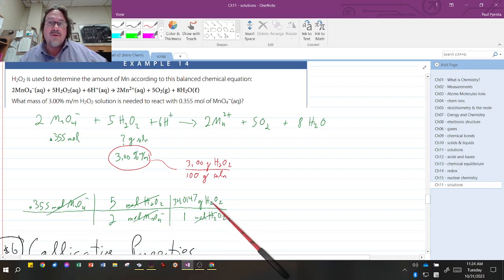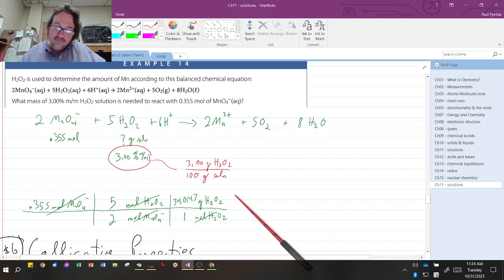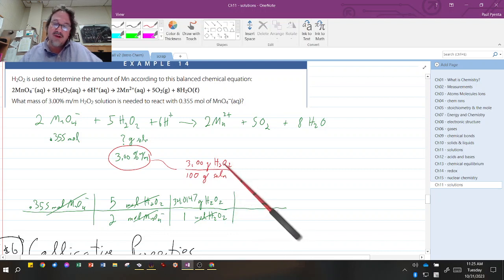That's how many grams of peroxide I need, but it comes in this solution form, a 3% solution. You know, like you could buy that at HEB or something like that. It comes in a brown bottle usually. 3% sounds about right of what you'd find in the store. But I can use this again to convert between grams of just the peroxide and grams of the solution, and that's what they are asking for, how many grams of the solution.